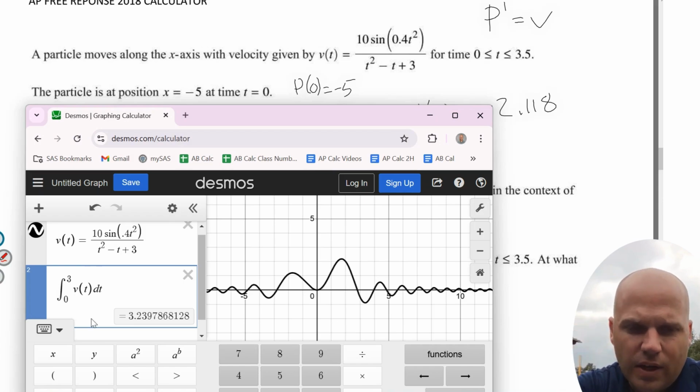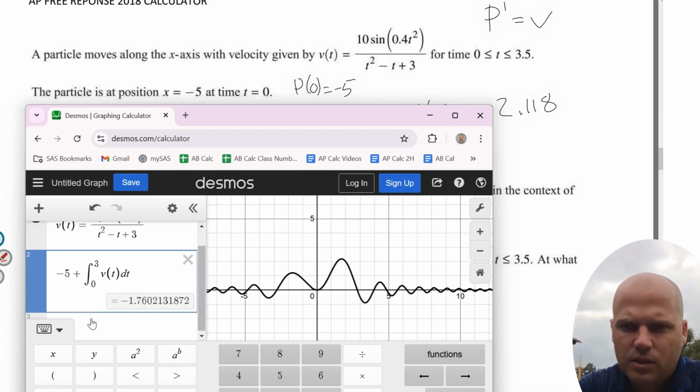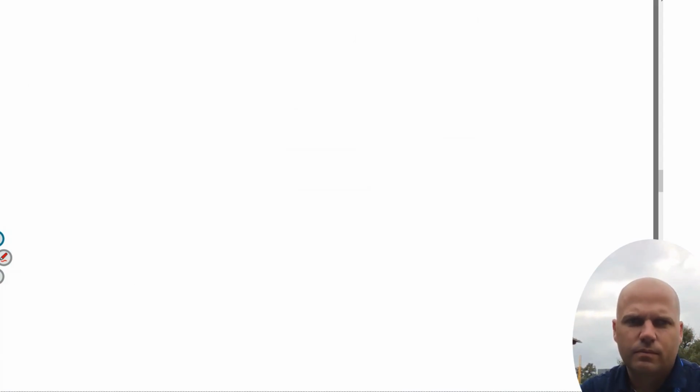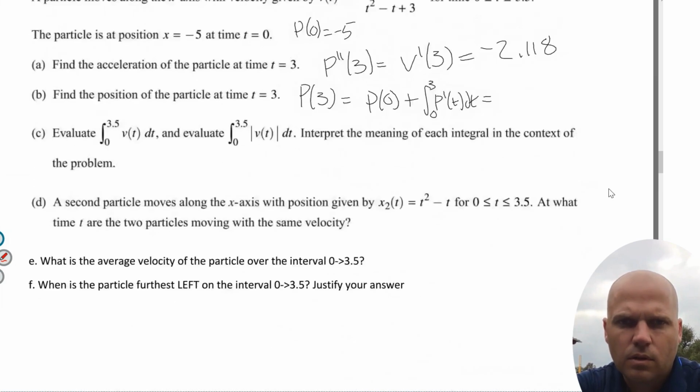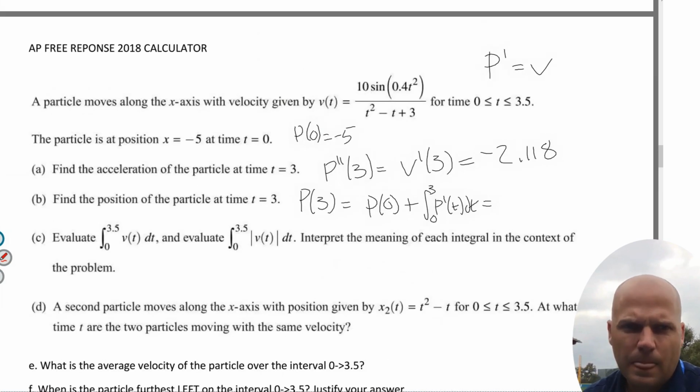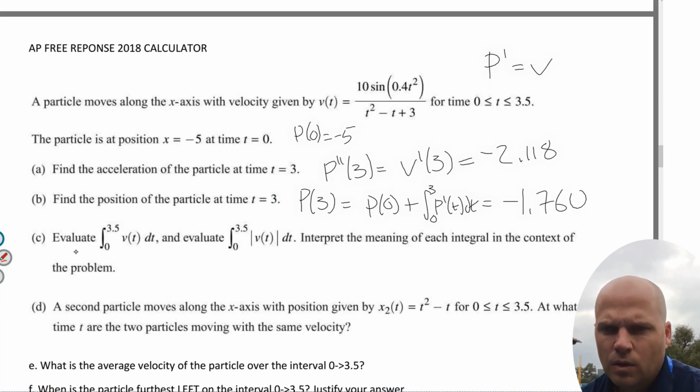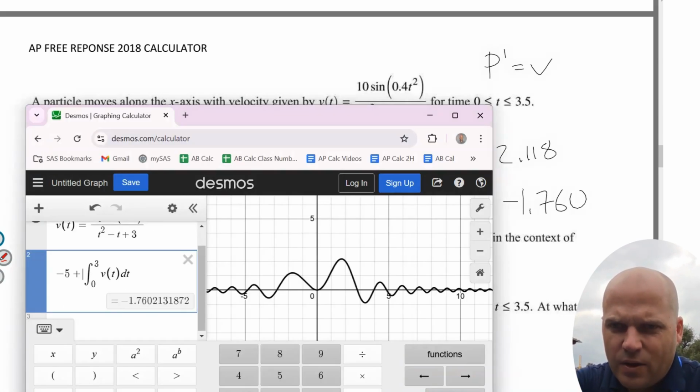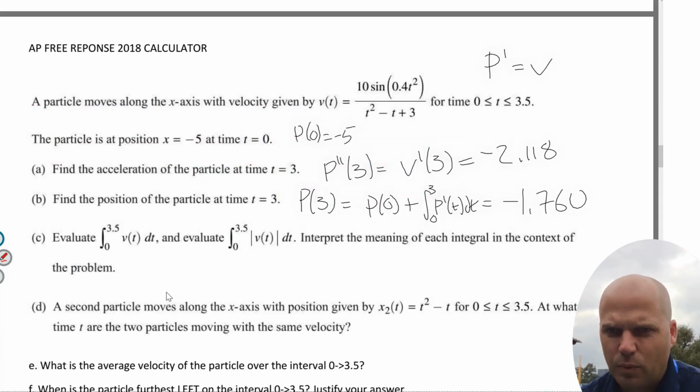And we got -5 plus -1.760. If I evaluate this, I get 2.84.